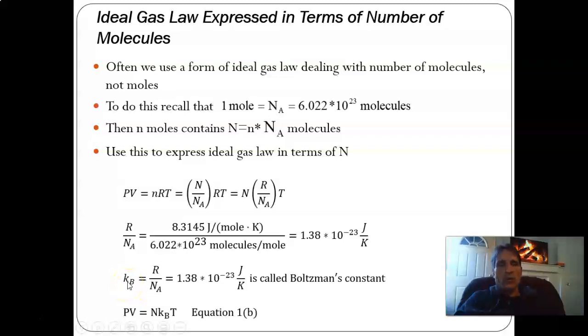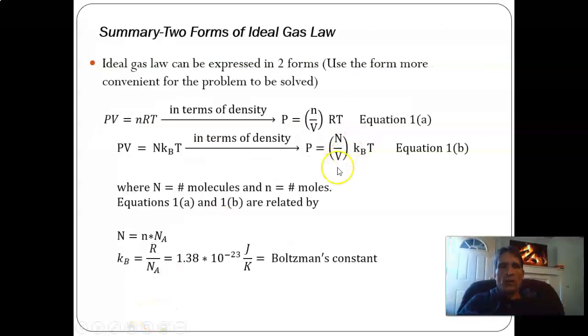We denote this constant as KB, and it's 1.38 times 10 to the negative 23 joules per Kelvin. And if we do this, we can express the ideal gas law, PV, instead of in terms of moles, in terms of number of molecules. Which form we use depends on whether we're given information in terms of moles or number of molecules.